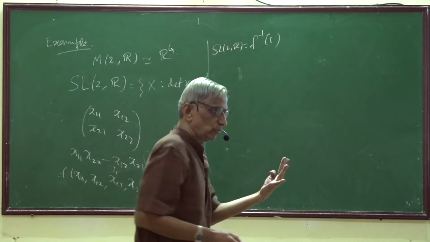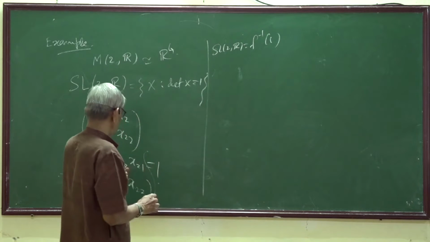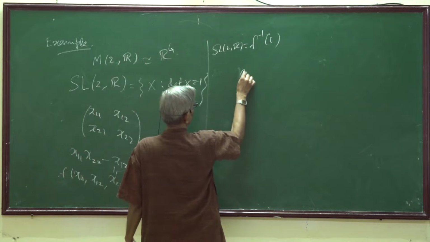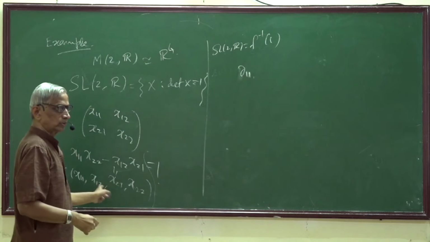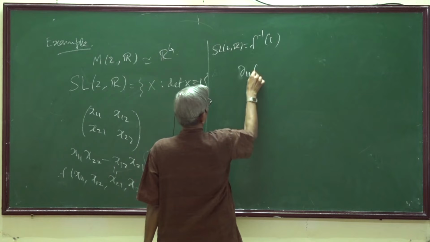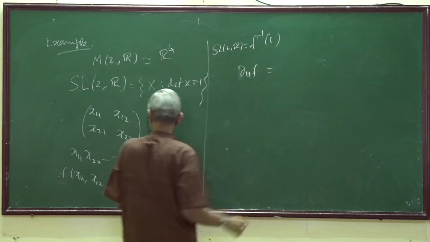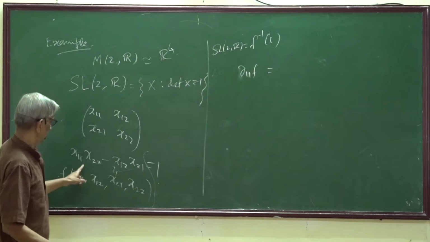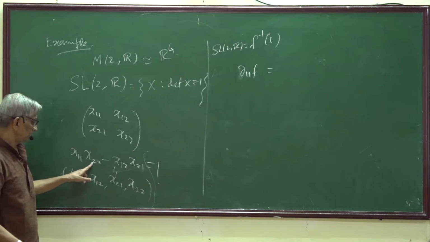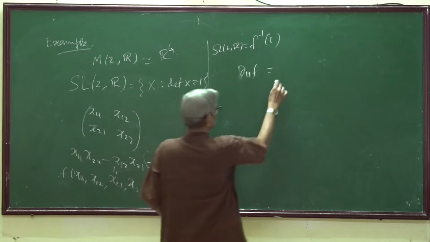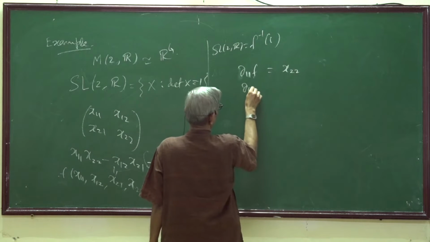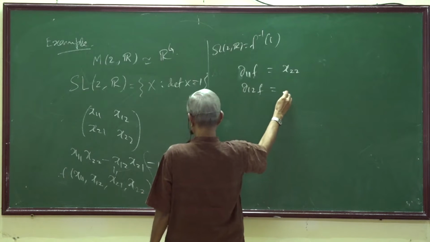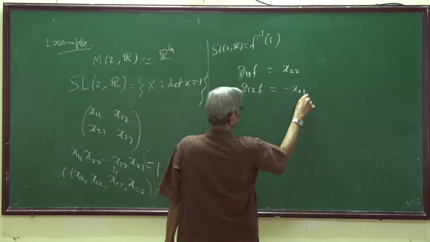So you have 4 partial derivatives, right, with respect to each of these variables. So let's write 1, 1, 1, 2, and so on. So del 1, 1 f is x22, right? Del 1, 2 f is minus x21.